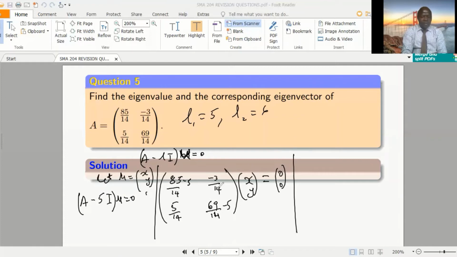Before we go to Gaussian elimination, this is the same as 15 out of 14, negative 3 out of 14, and this other one is 5 out of 14, and this other one is negative 1 out of 14, multiplied by (x, y) is (0, 0).